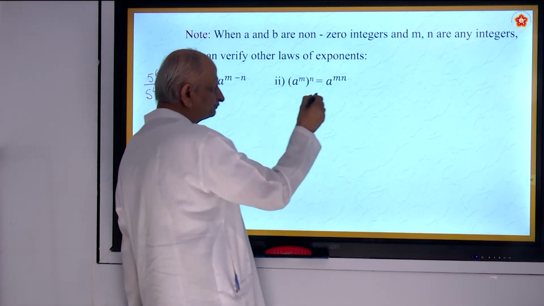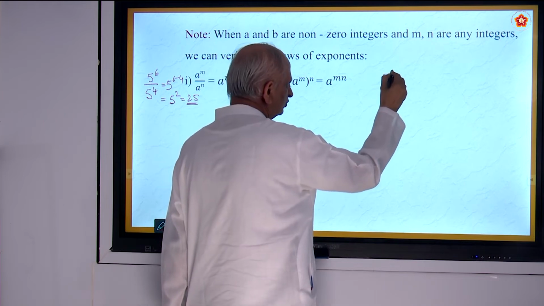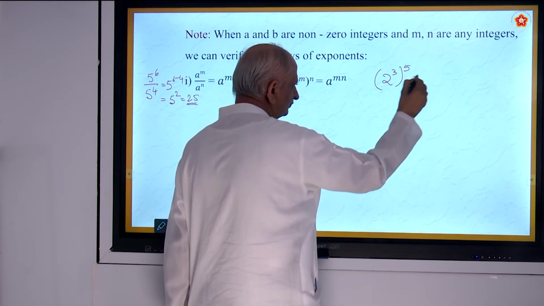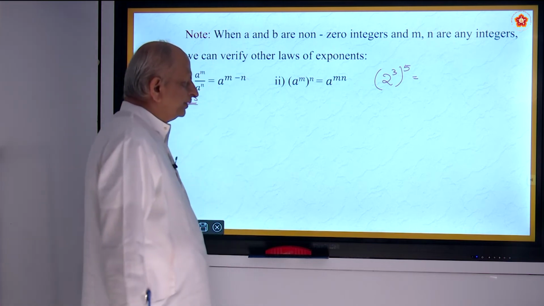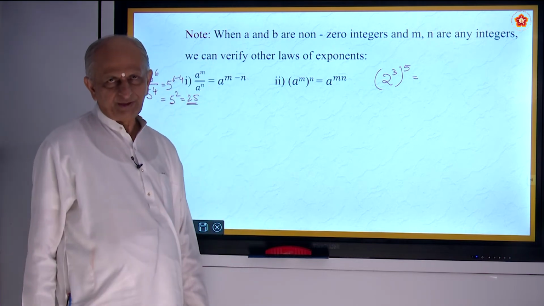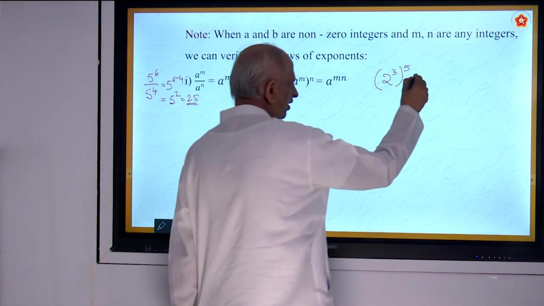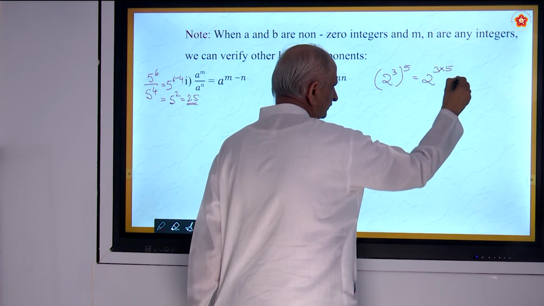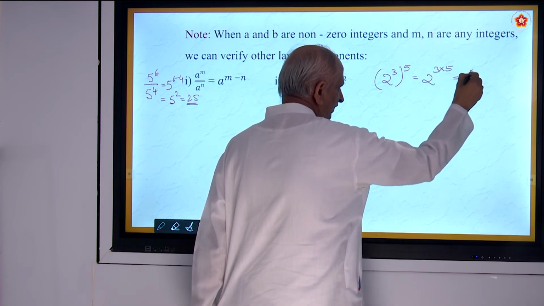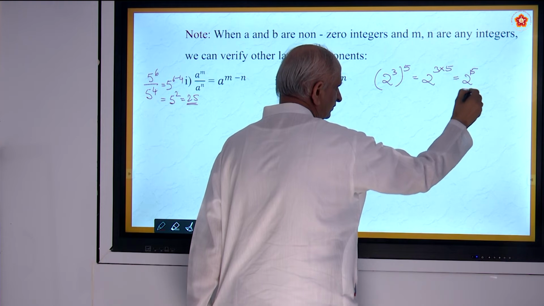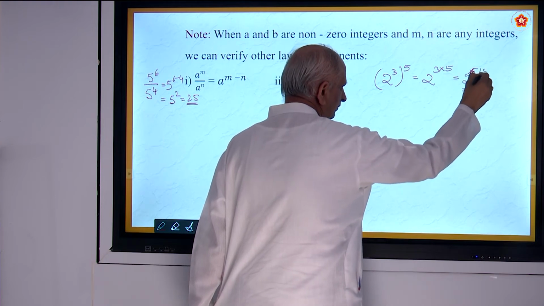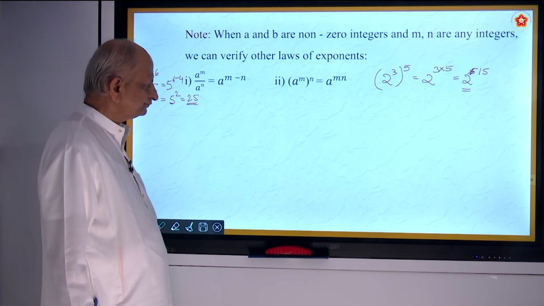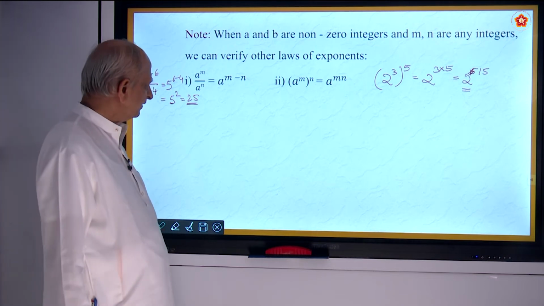Coming to this, suppose you have 2 cube to the power of 5. M is 3 there, n is 5. So 2 to the power of, come on, 3 5s are 15. The 2 to the power of 15 is the answer.